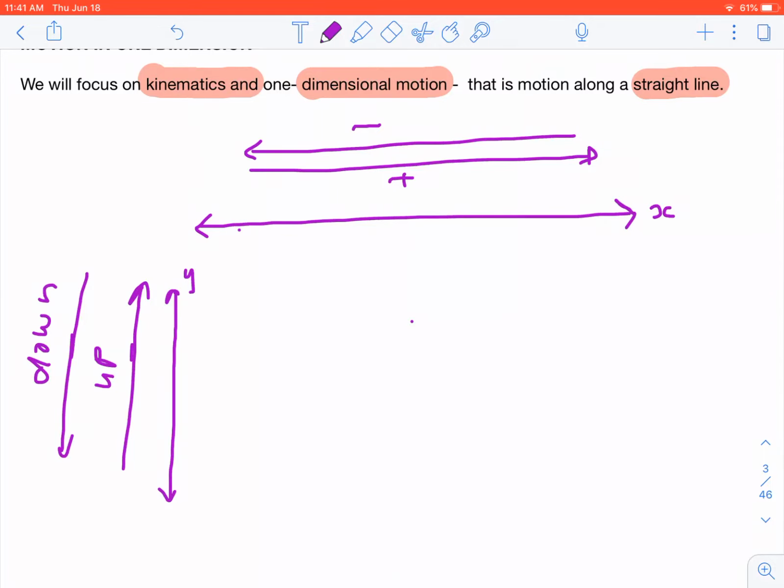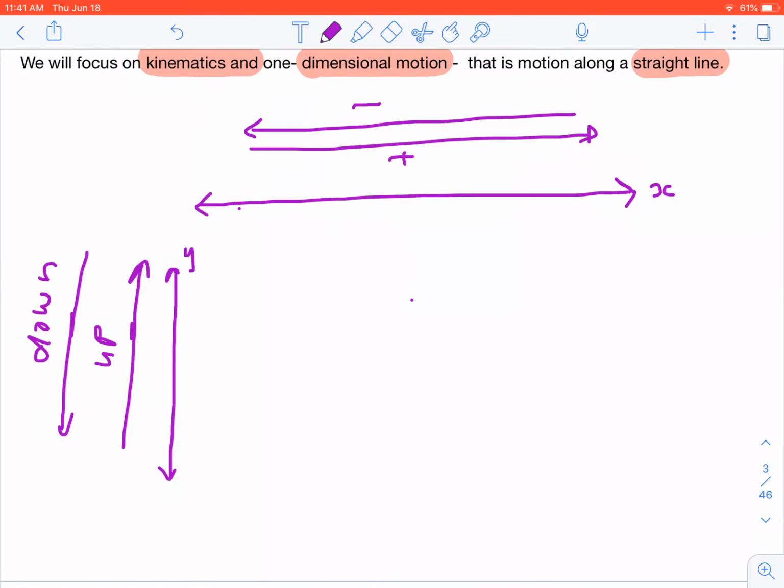Sometimes, if we want to, we could say the up direction is positive and the down direction is negative. We could choose that direction.